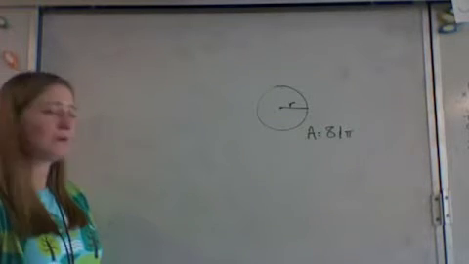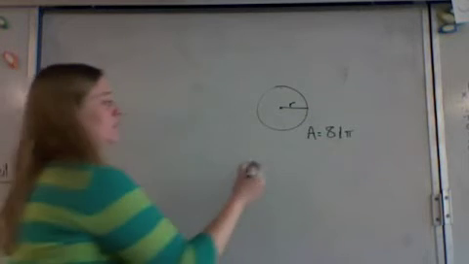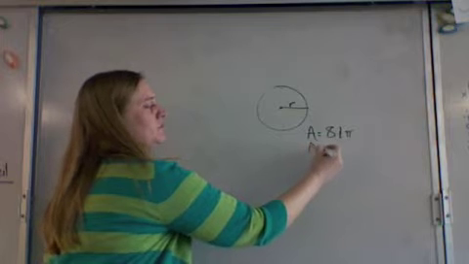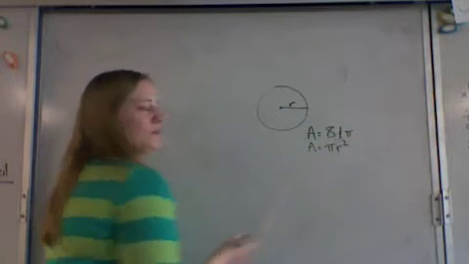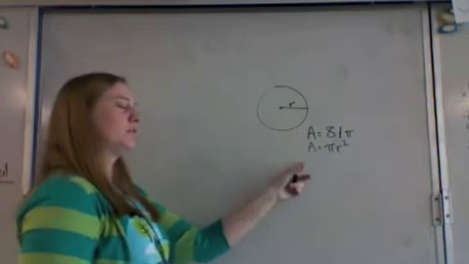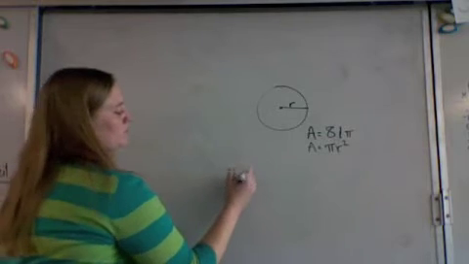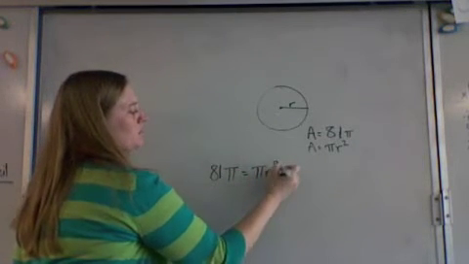And they want to know what the radius is. Well, this one should be really simple for you to do. Remember that the area equals 81 pi, but the area of a circle matches with the formula pi r squared. So this is where you're going to make the two equal each other. 81 pi equals pi r squared.